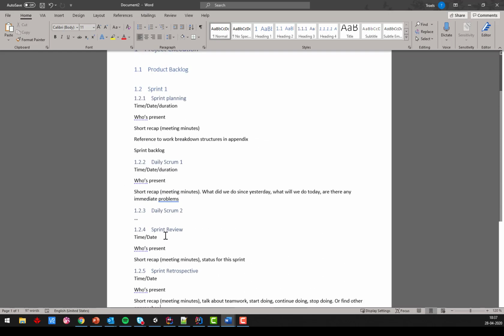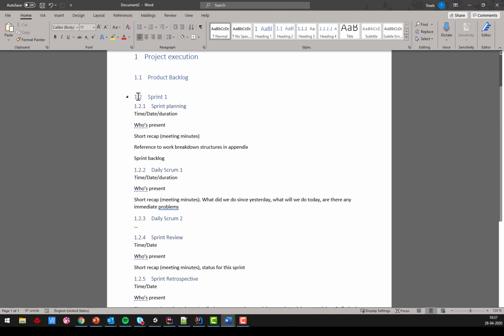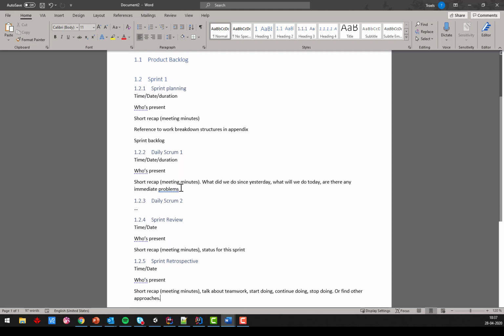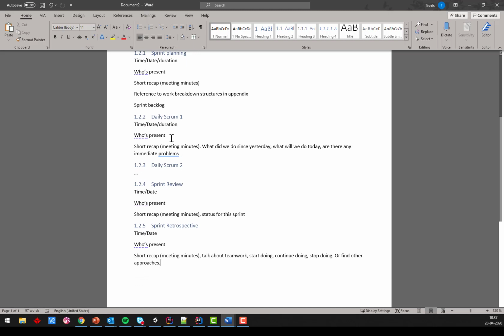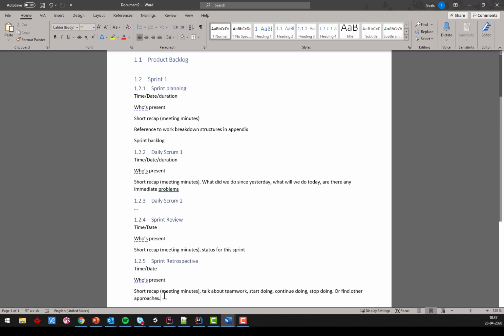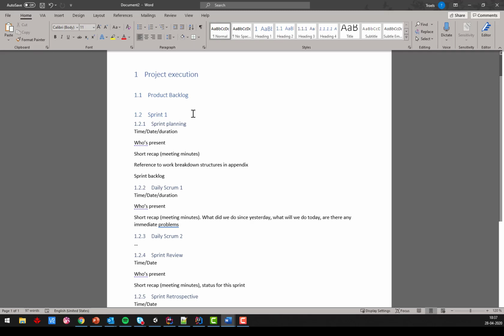Right, so that's one sprint, and you should just document this as a diary. So whenever you do a meeting, you document it. You do a daily Scrum, you document it. It shouldn't take more than a few minutes. Or if you have someone responsible for it, you can document it during the meeting. And then you have this diary stuff, and you can more or less just put it in the process report at the end.